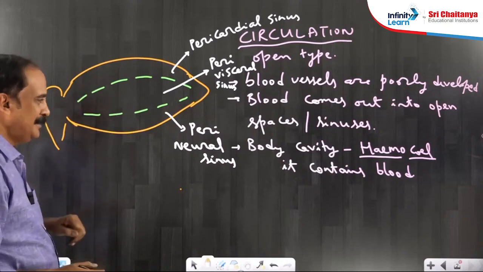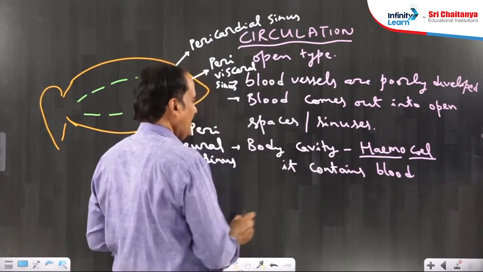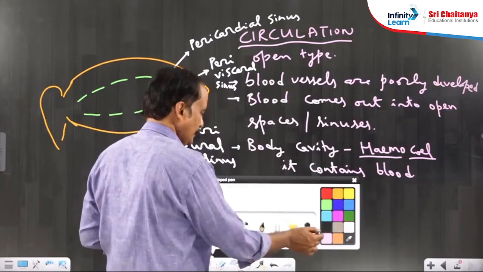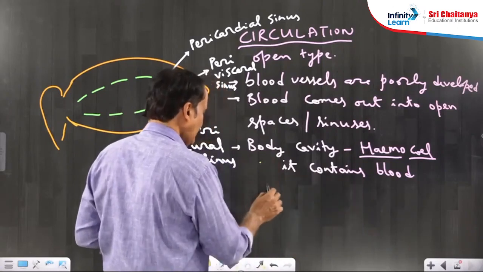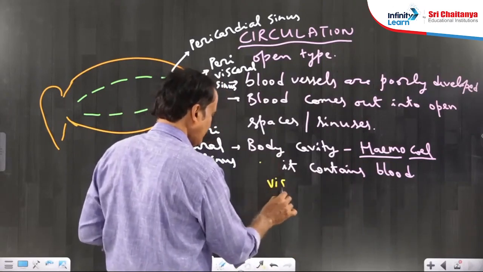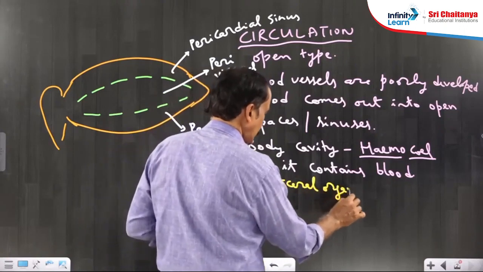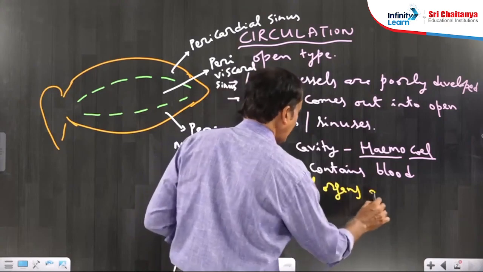So the heart lies in the upper chamber. Okay, the cavity is hemocoel, it is divided into three sinuses, and in this you will find the internal organs or visceral organs. All the internal structures can be called visceral organs.